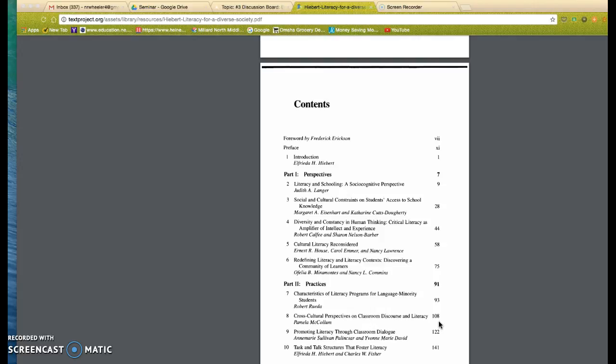Why I think it's very important to look closely at policies is because policy tells us a lot about what our classrooms should look like, or what individuals who maybe have never been in the classroom think our classrooms should look like.